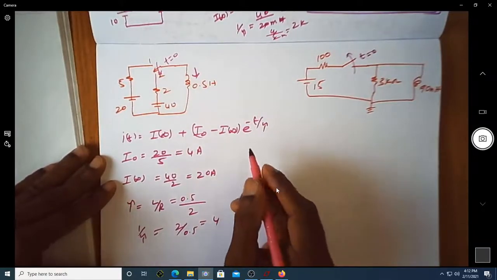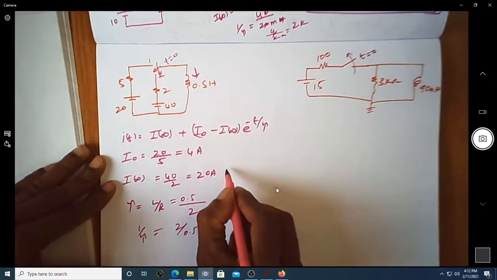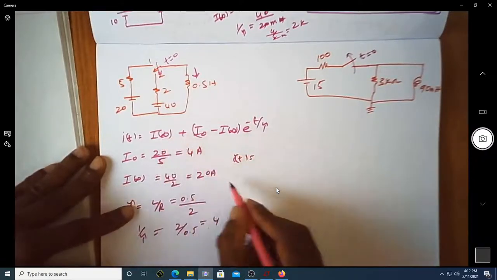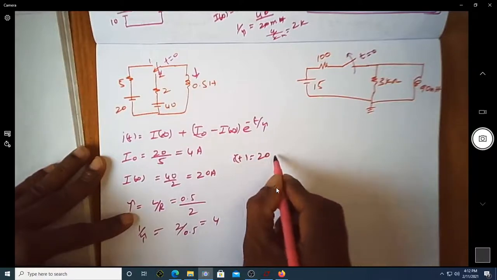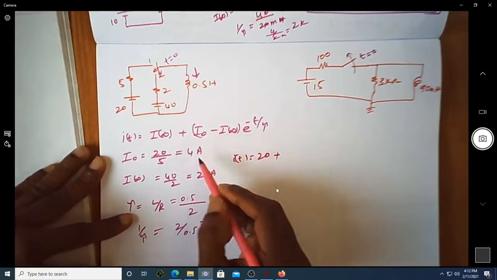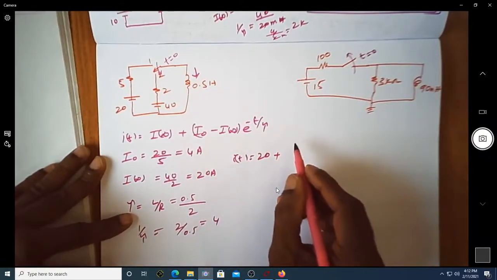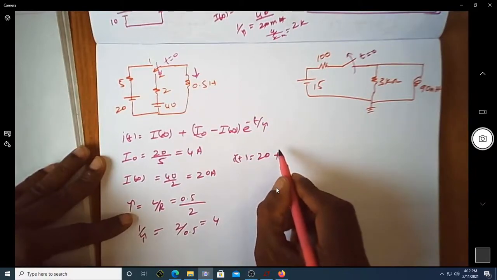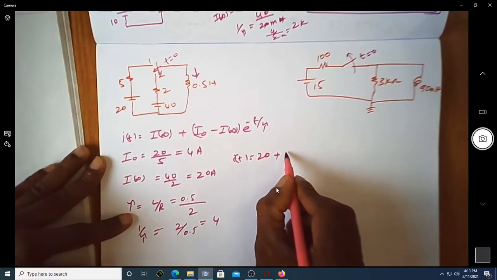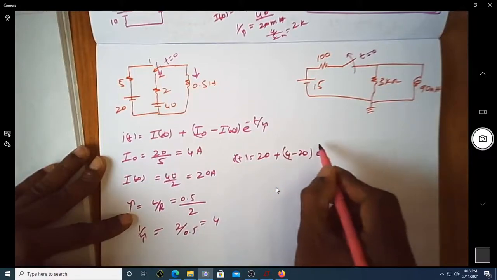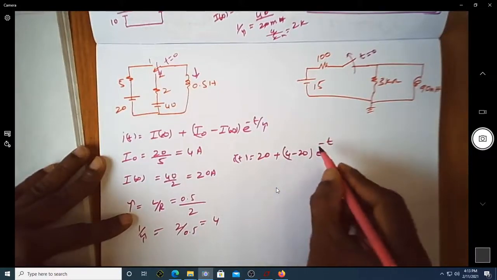So now we will write the expression for I of t. I of t is equal to I infinity, which is 20, plus (I naught, which is 4, minus 20) into e power minus t by tau.